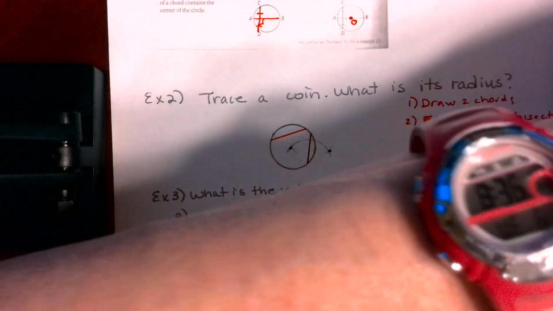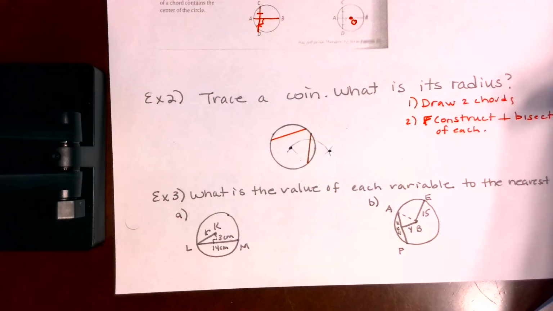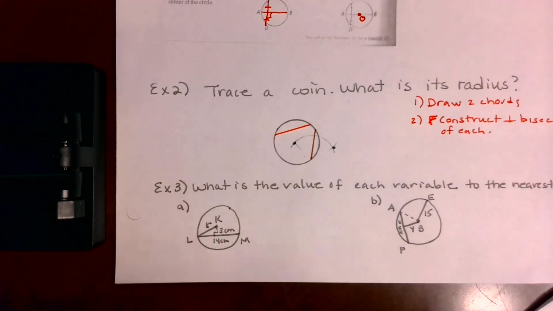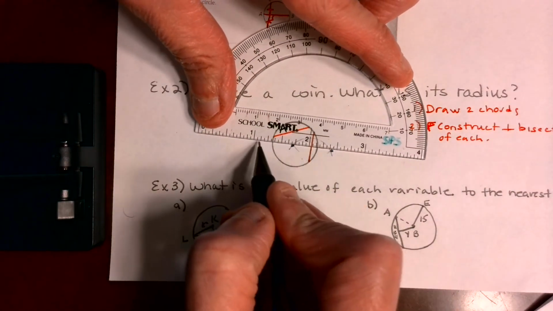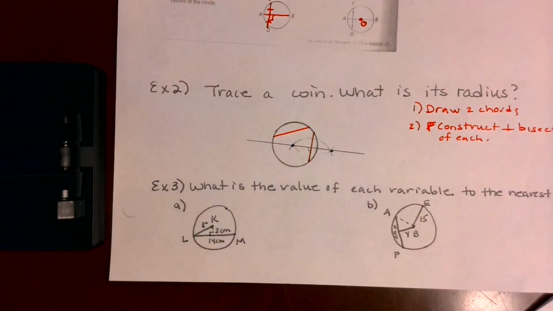And I'm actually going to grab a pencil if I have one to do this. Okay. And I'm going to connect them. Okay, so that's my perpendicular bisector. It appears to be slightly off, but okay, we'll go with it.